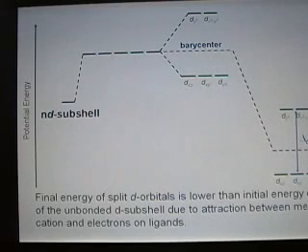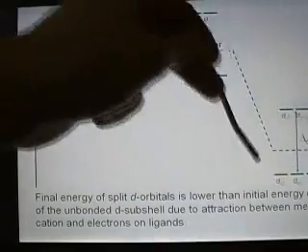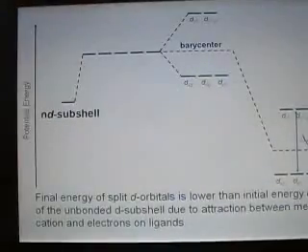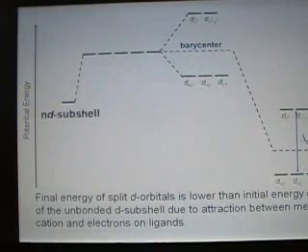However, since there's an attractive force between the positive cation and the electrons, the overall energy of the d orbitals in an octahedral field should be lower than the original d subshell.